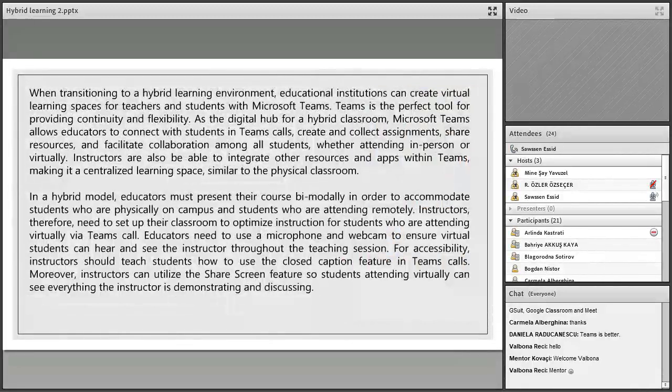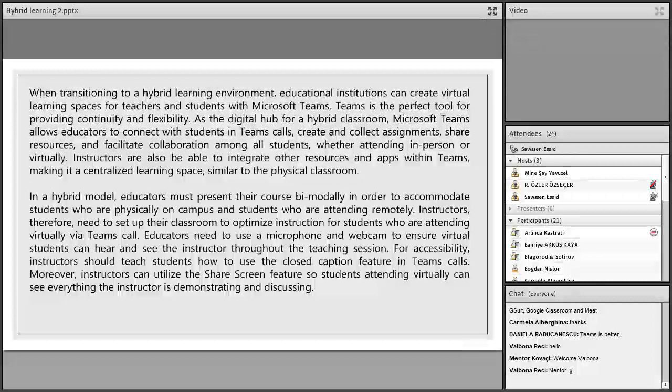Now when we are moving to a hybrid learning environment, we need to bring this kind of cool atmosphere that we are used to in our in-person classrooms to virtual learning spaces for teachers and students. Take Microsoft Teams as an example. Teams for me is the perfect tool for providing continuity and flexibility.